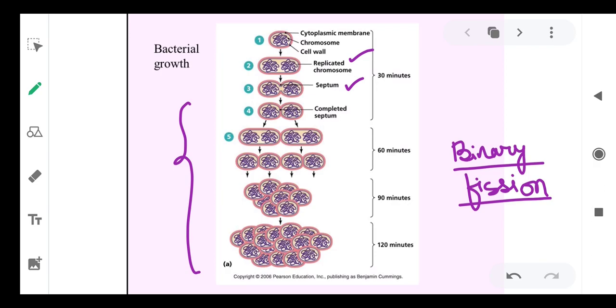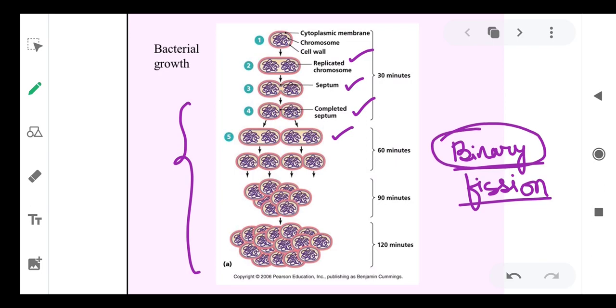That means these two chromosomes will be partitioned at the two sides of the cell, and then the septum will be formed. Now the septum is being completed, and finally you get to see that a single cell divides into two. That is why we are calling it binary, that is 2.